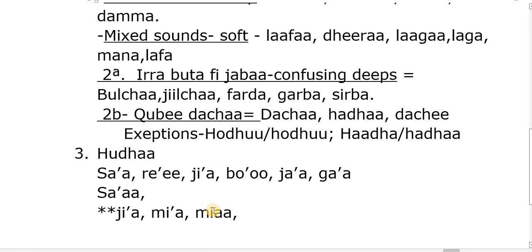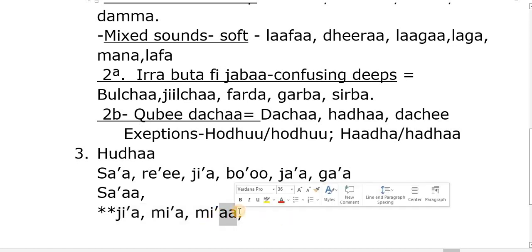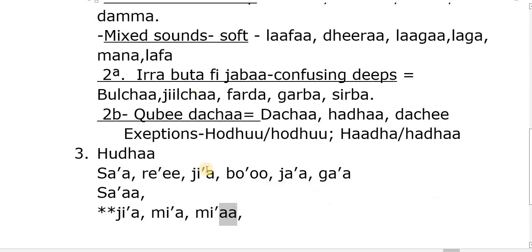That's it. I have to write like this, even though it looks like I don't need them in some of these words. Okay, as you can see, as in the previous long sounds, we have long sounds, and we also have short sounds in this as well.